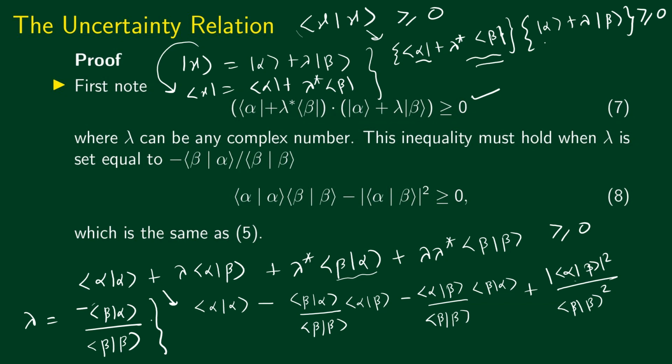Since this is a real number, we can simply write it as a square. Remember that modulus square of bracket alpha beta is the same as modulus square of bracket beta alpha. That's why I have written it like this, and then I have bracket beta beta here.